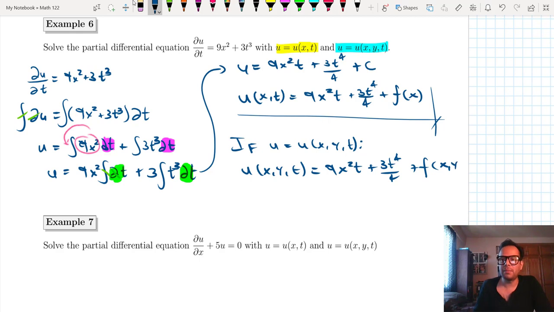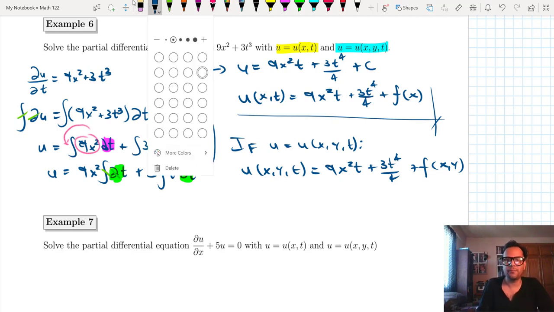What do we mean by that? Because in the process of partial integration, we only integrated with respect to t. So in this case, the other two variables x and y were held constant, so we add some function that depends on those variables.